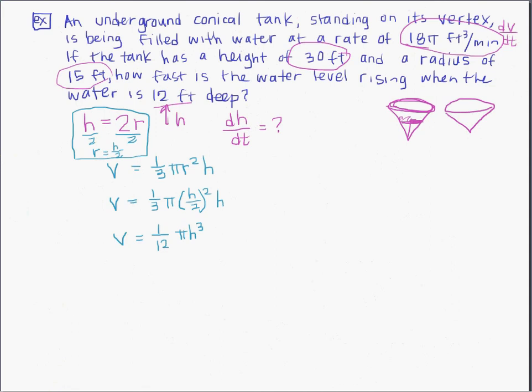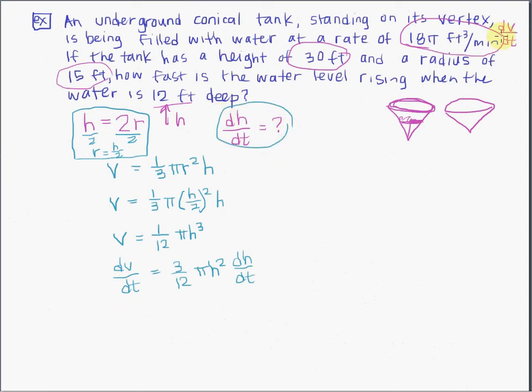Okay, so now we're going to find the derivative of this. We're going to take dV/dt with respect to time, multiply by 3, you get 3/12, which is the same thing as 1/4, pi h squared. Remember, it's implicit differentiation. You need to do dh/dt. Now that you have this, remember, we're trying to find dh/dt.